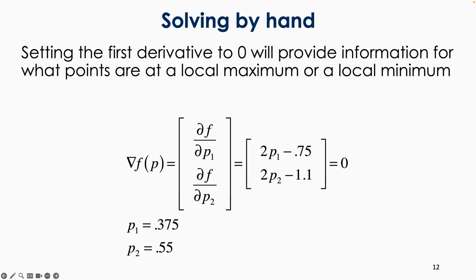Because P1 squared, derivative is 2P1, and then 0.75 times P1, and then the constant goes to 0, and same here. And so I set these both equal to 0, and then I can solve for my P1 and P2.